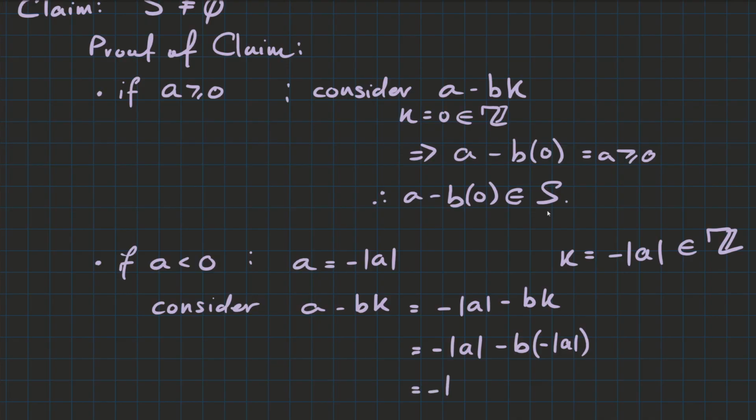This is negative absolute value of A plus B times the absolute value of A. And my claim to you is that this is certainly positive. Okay, this is certainly greater than or equal to 0.